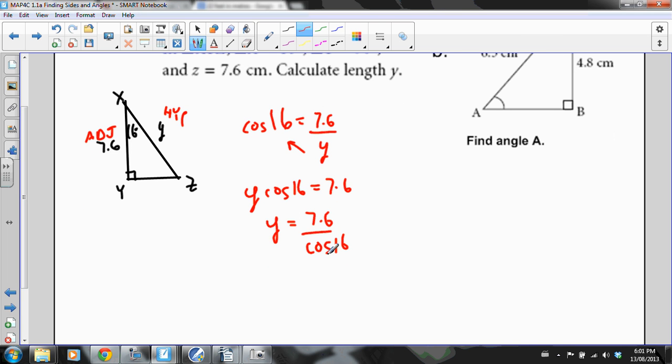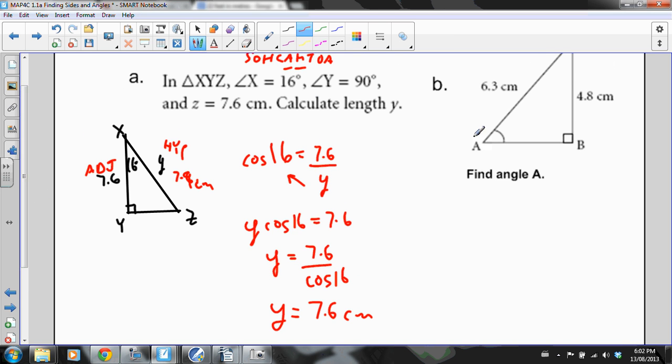I'm going to put 7.6 divided by cos 16 into my calculator in one step here. 7.6 divided by cos of 16 equals, I got about 7.9 centimeters. 7.9 centimeters. And over here, part B, find angle A.